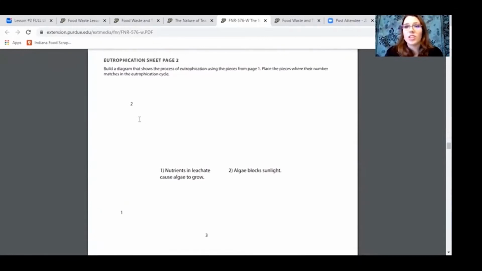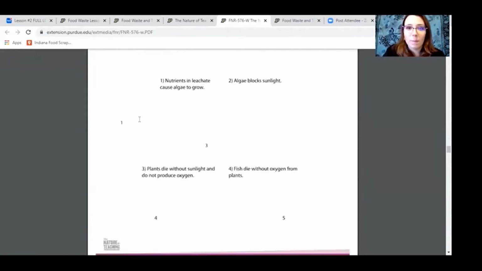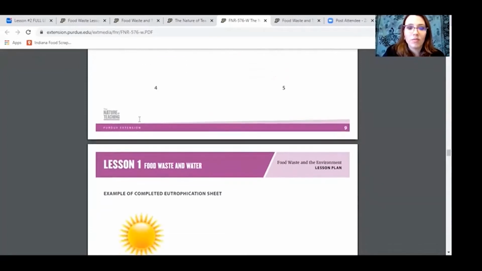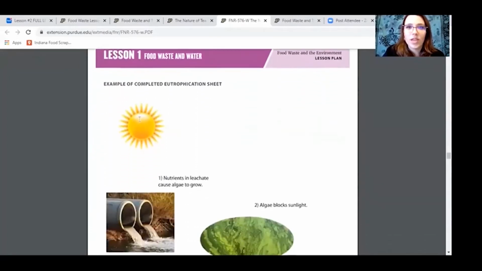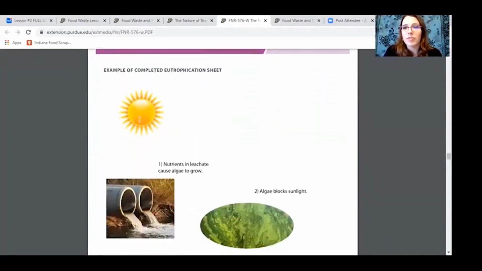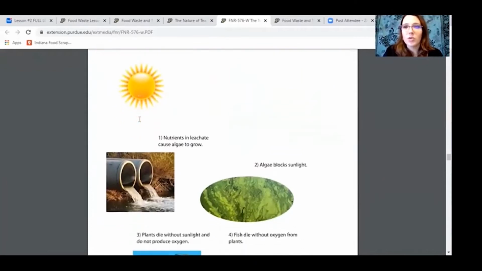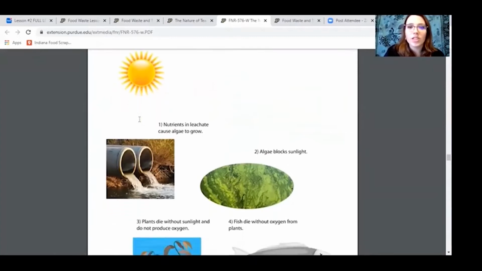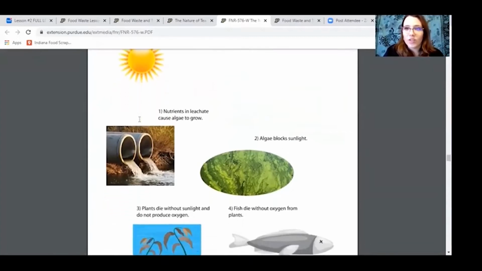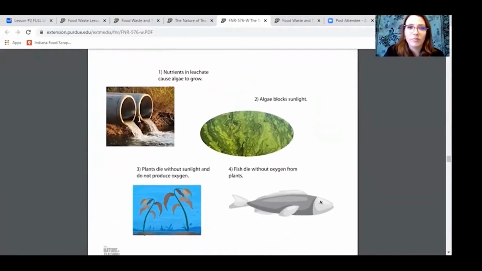The worksheet includes a step-by-step description of what eutrophication is. And here is a completed example of a eutrophication sheet, so they can see how their sheet should look when they're done and how eutrophication works and leads to reduced water quality.